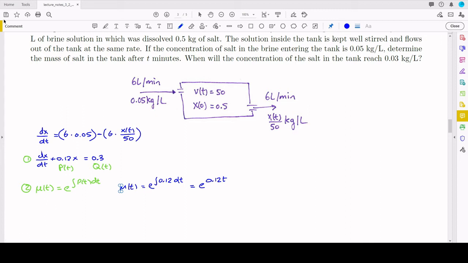Okay, and then we're going to plug that into the solution, and the solution is x of t equals 1 over mu of t times the integral of mu of t times q of t dt plus a constant of integration.